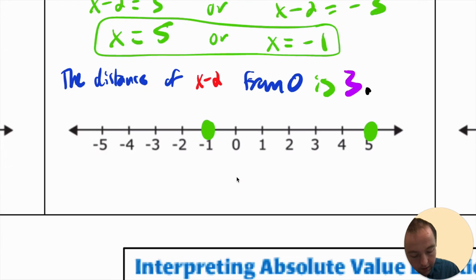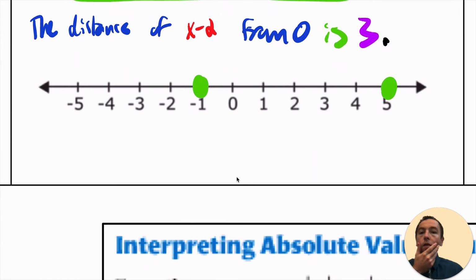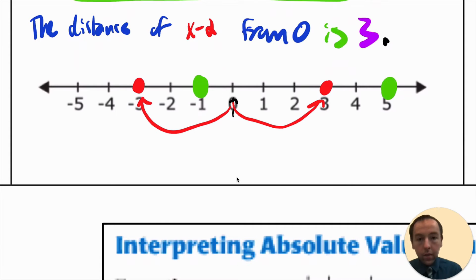So if we take that sentence that I just wrote, the distance that x minus 2 is from 0 is 3, then if we start at 0 and go a distance of 3 away, we should be able to find where x minus 2 is located. If I go 3 away from 0, those two places are where you're going to be a distance of 3 from 0, and that's where x minus 2 is located, right?